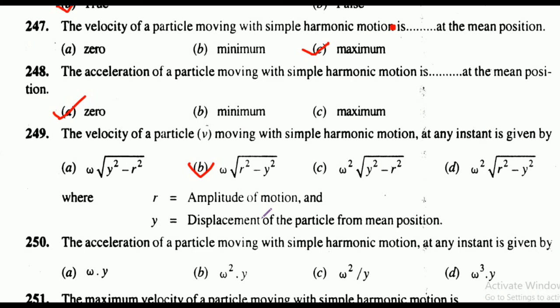Next question is question 250. The acceleration of a particle moving with simple harmonic motion at any instant is given by. Here friends, these are the options, and here the correct answer for this question is option B, that is omega square into y.